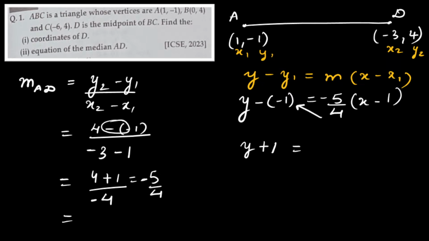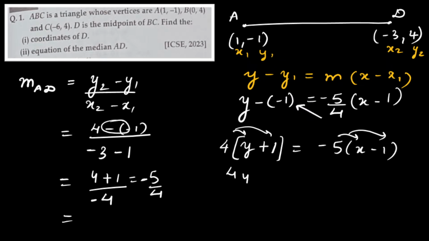This 4 will shift to the other side, and if we shift 4 to the other side it will get multiplied: 4 into y plus 1 is equals to minus 5 into x minus 1. Now we'll do the bracket multiplication. 4 into y is 4y, 4 into 1 is 4, equals minus 5x, minus into minus is plus, so plus 5, 5 into 1 is 5. Whenever minus is outside the bracket, you have to change the inner sign.